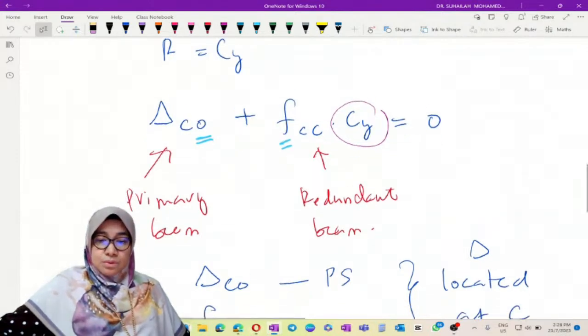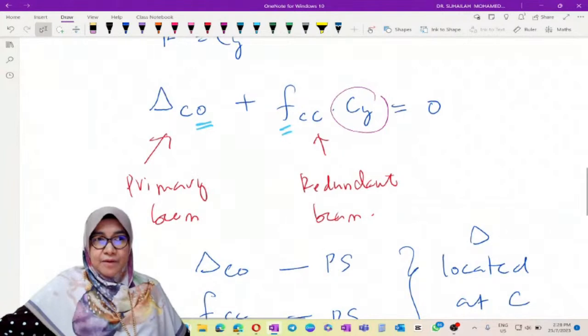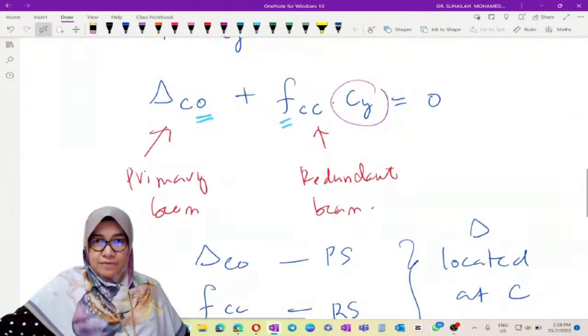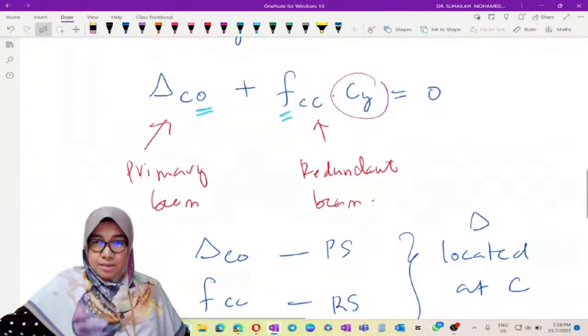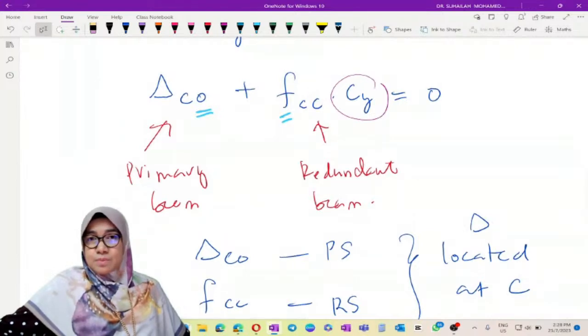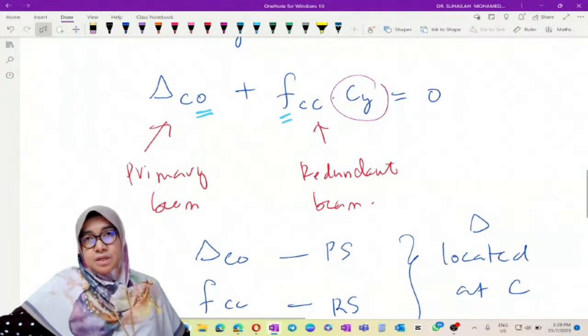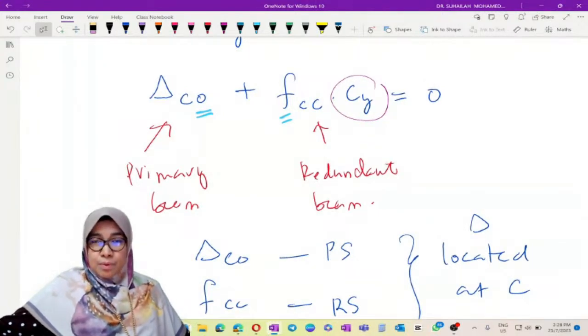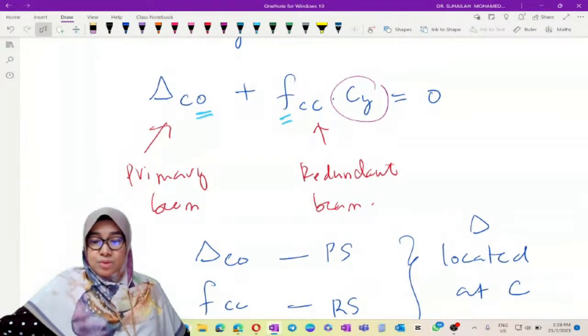So delta C naught plus FCC times CY is equal to 0. Zero means there is no vertical displacement in the original beam, because of the roller support at C in the actual system.